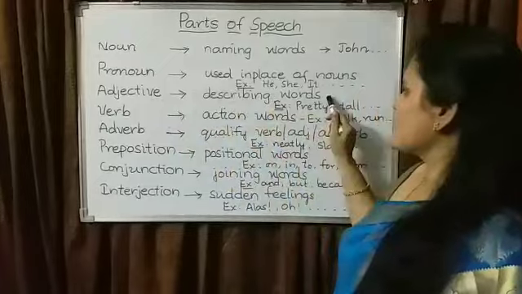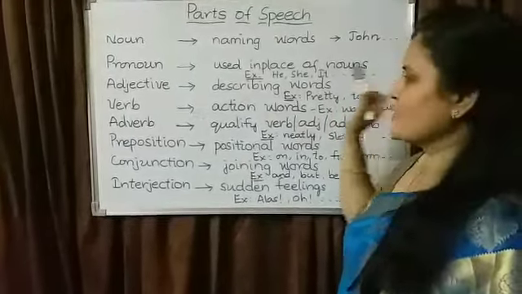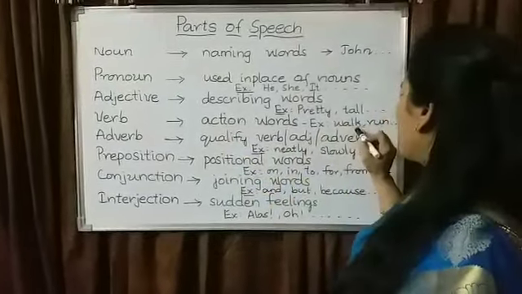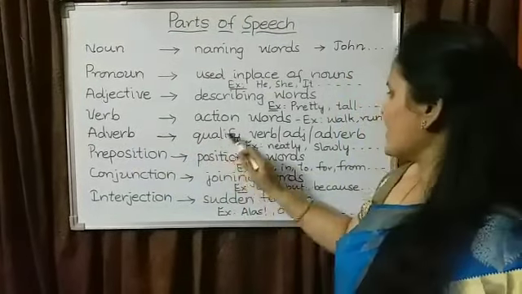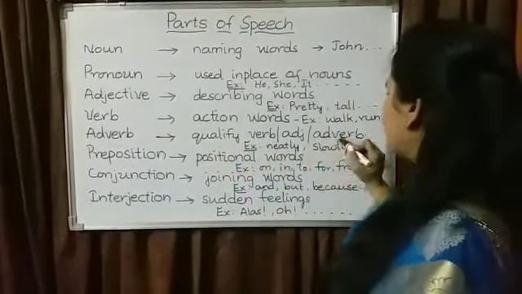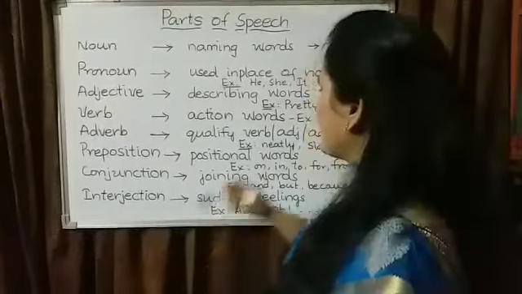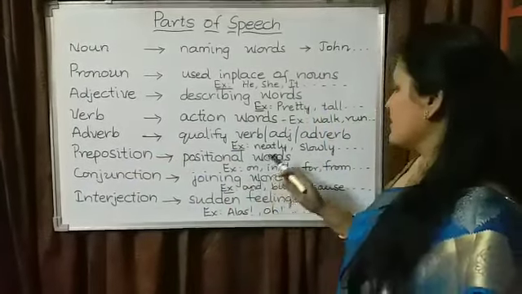Adjectives are called describing words. Example, pretty, tall, etc. Verb. Action words. Example, walk, run. Adverb. Qualify verb, adjective and adverbs. Preposition. Positional words.